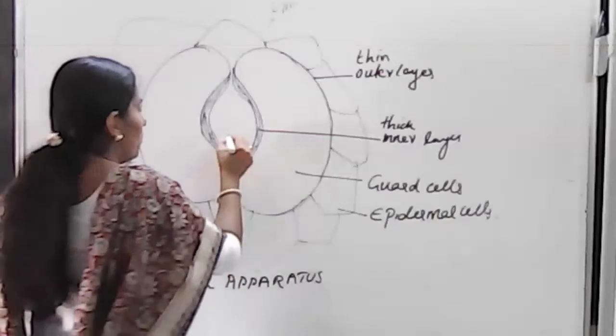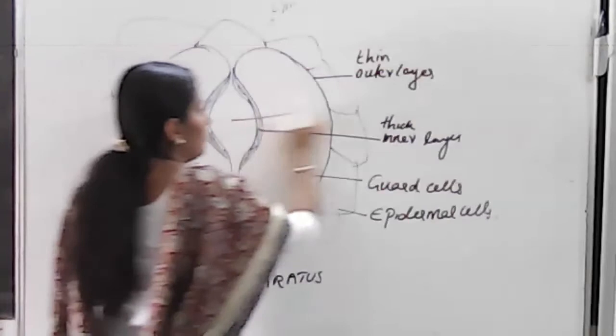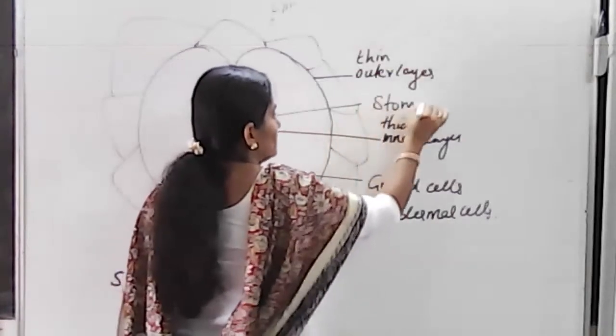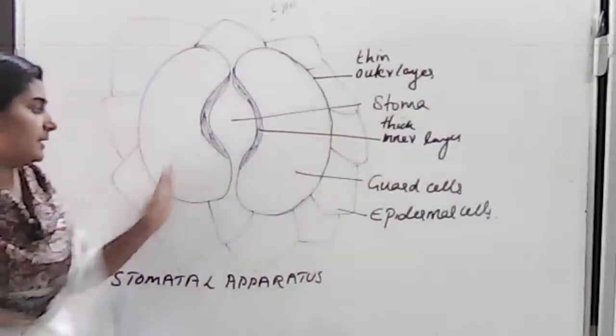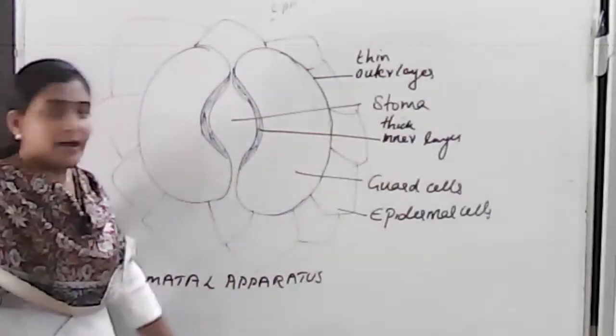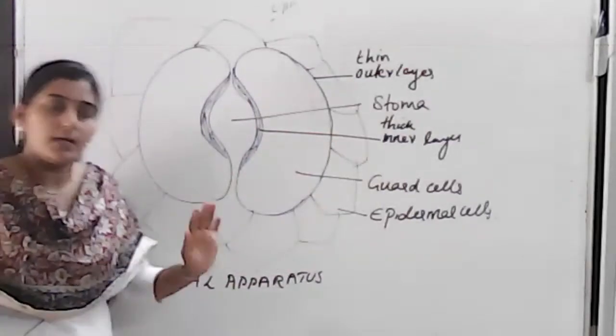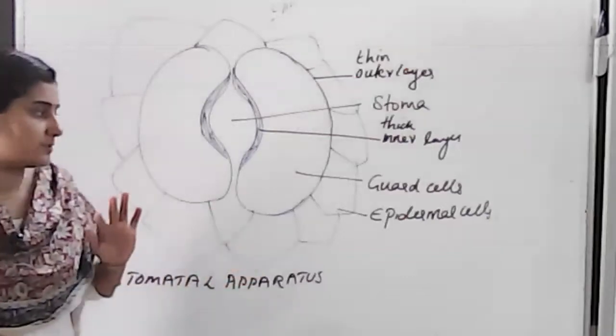That's all. And this opening through which water is given out, you call it stoma. Okay, so these are the parts of a typical stomatal apparatus. Clear about the diagram? Now about the mechanism of opening and closing of stomata.